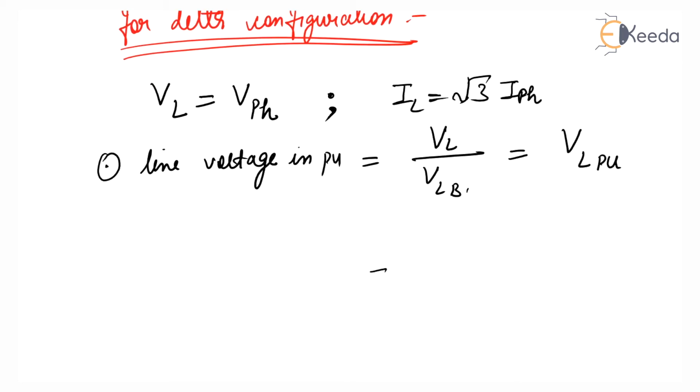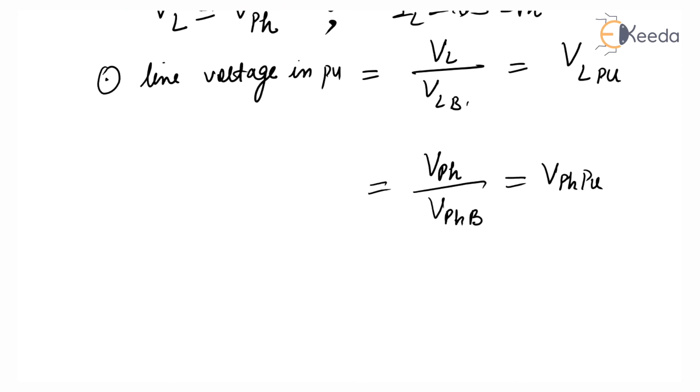And for phase, it is V phase upon V phase base, so this is V phase per unit. So from this we can see that line voltage per unit is equal to phase voltage per unit.